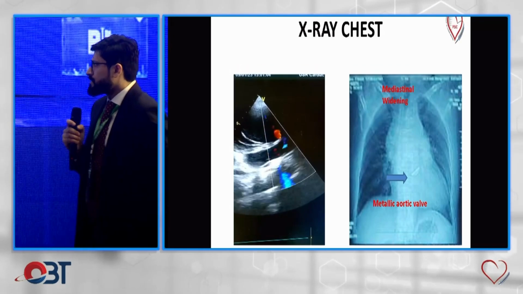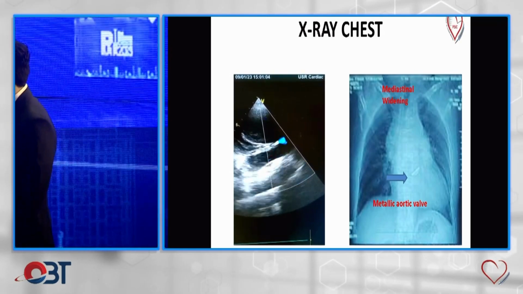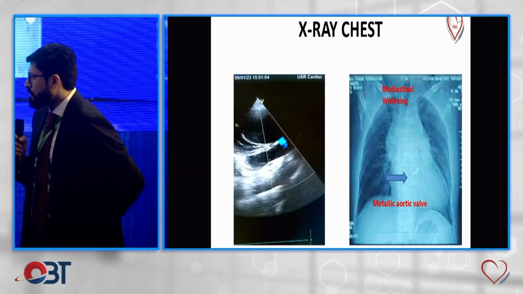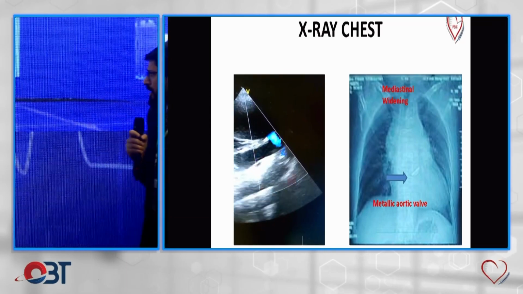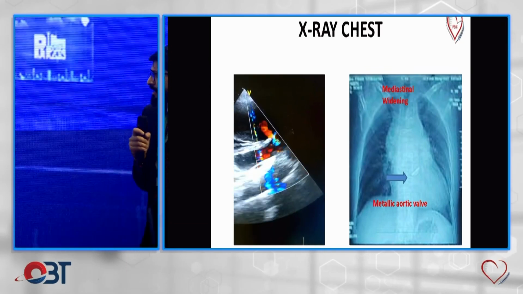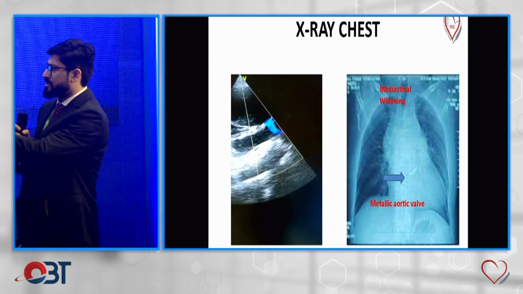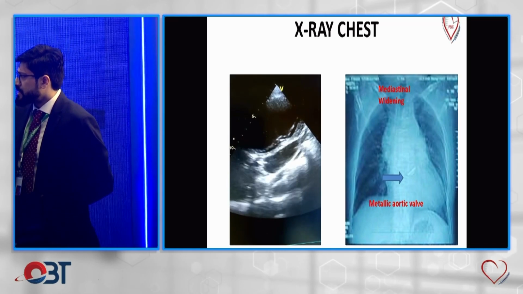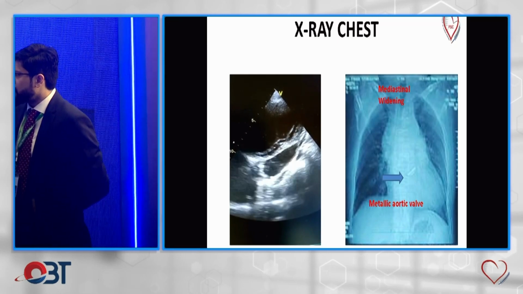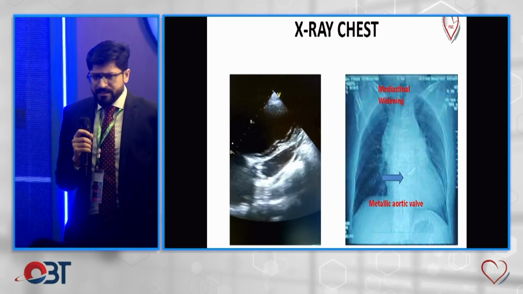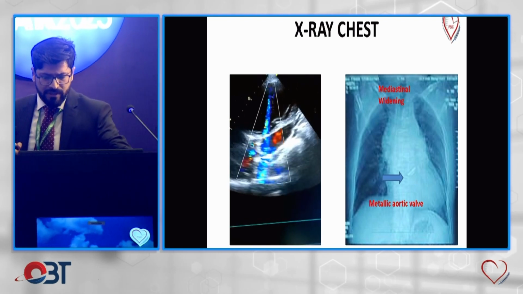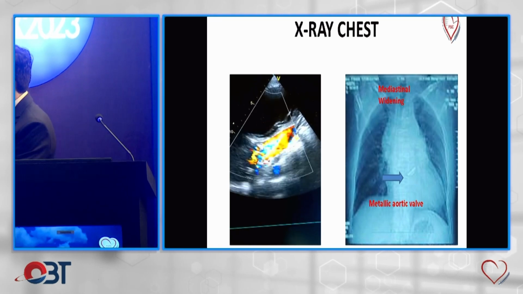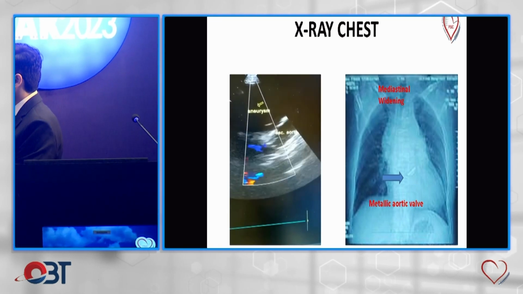And echocardiography, as you can see, shows a normal functioning aortic valve prosthesis in situ with a huge cavity in front. This is a modified left sternal view, with a huge swelling that is compressing the ascending aorta.